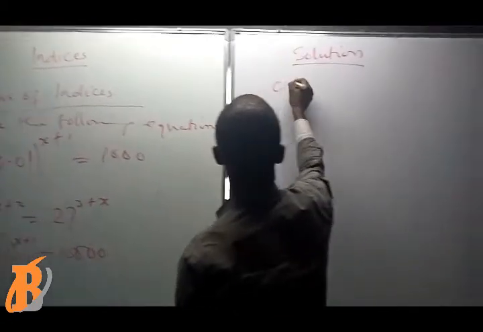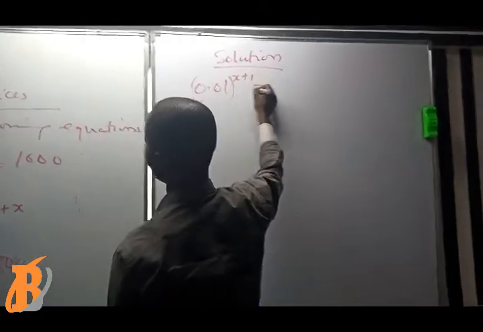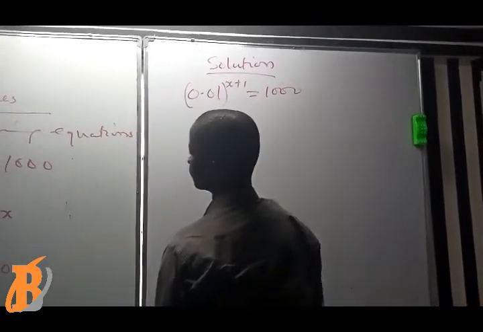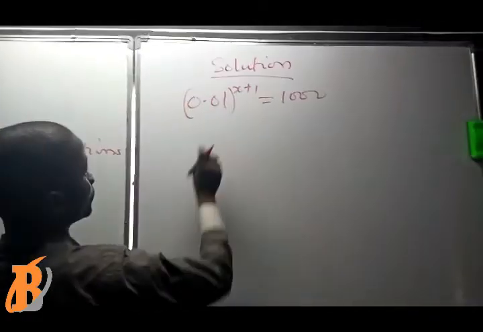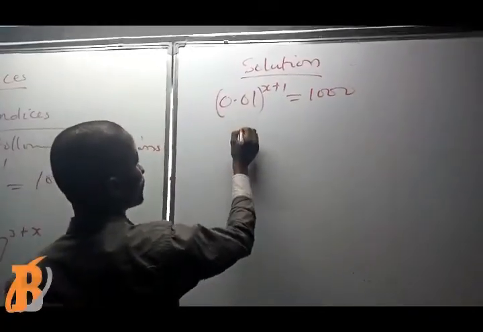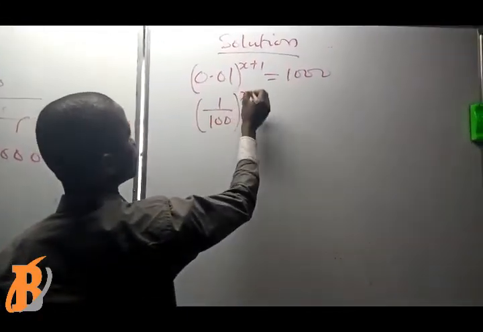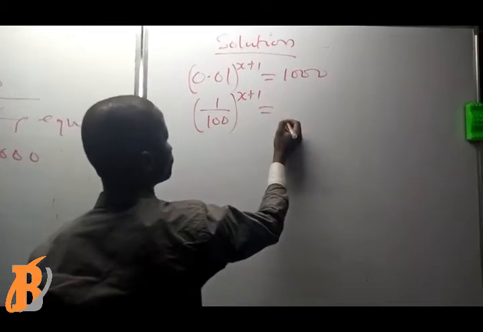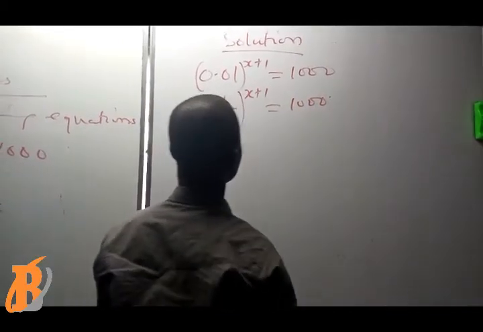You have 0.01 to the power of x plus 1 equal to 1,000. Now I was saying, change this one to a fraction, that is 1 over 100 to the power of x plus 1 equal to 1,000.